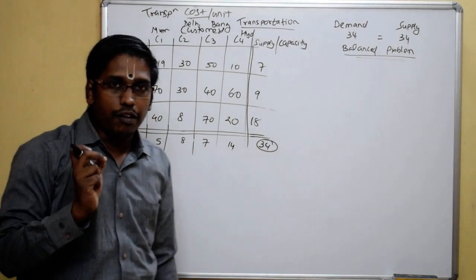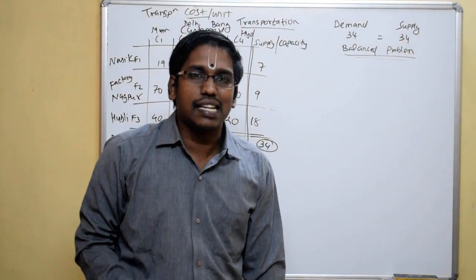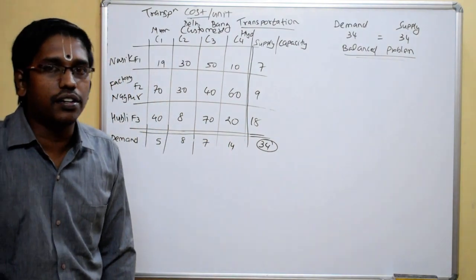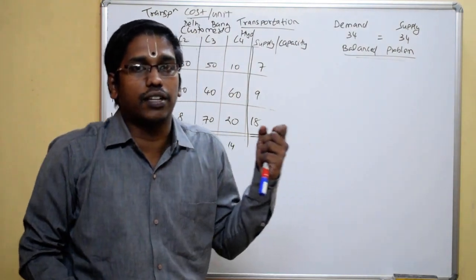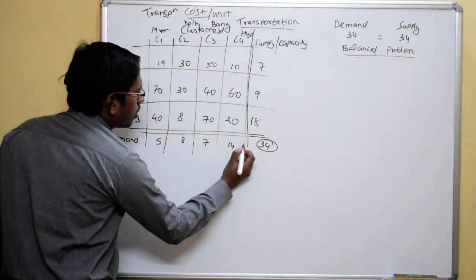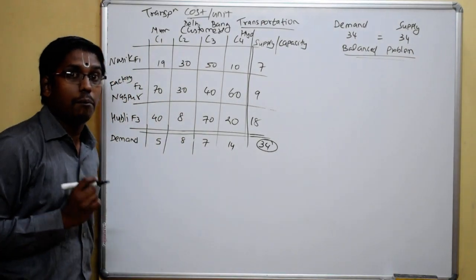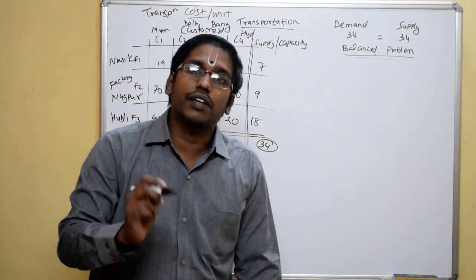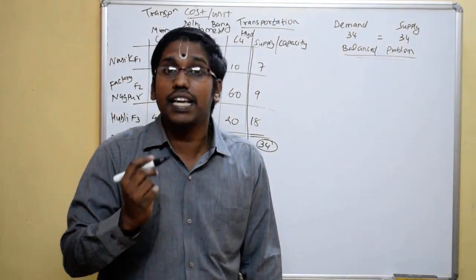Basically, what we mean by this example is that as a customer, we are not bothered from where the company is going to deliver the goods. We are ultimately bothered about whether we are going to get the number of units that we have demanded. But when you look at the same picture from the company's end, the point is not the same.